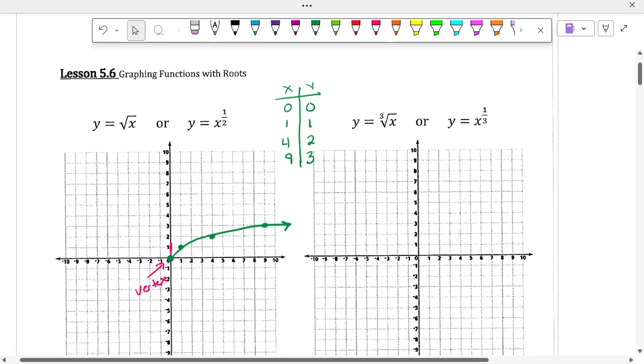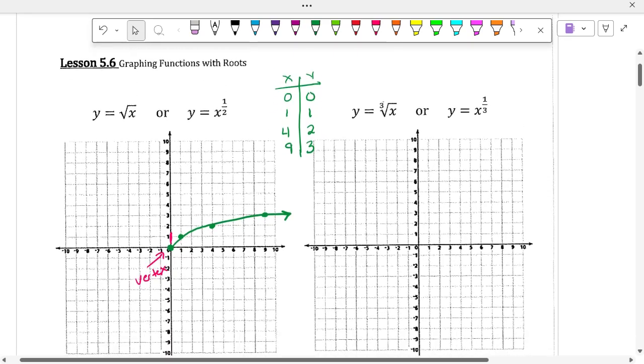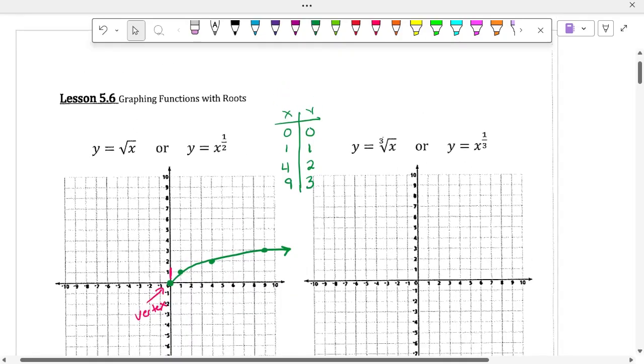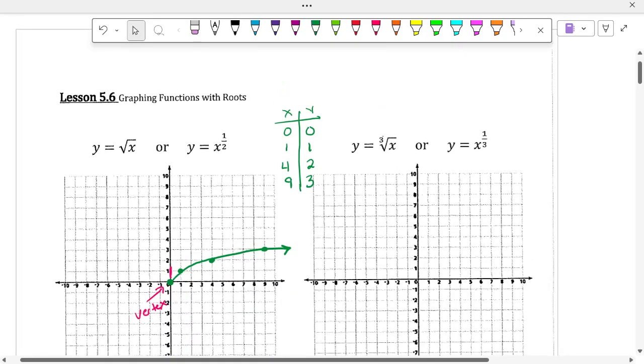Now, if I look at x cubed now, not x cubed, cube root. Now, remember what I said with cube roots. What's so special about cube roots? Can we have a negative under that radical? Yes. When it comes to taking cube roots, there's no way you can get an imaginary number. You're always going to get a real number with a cube root.